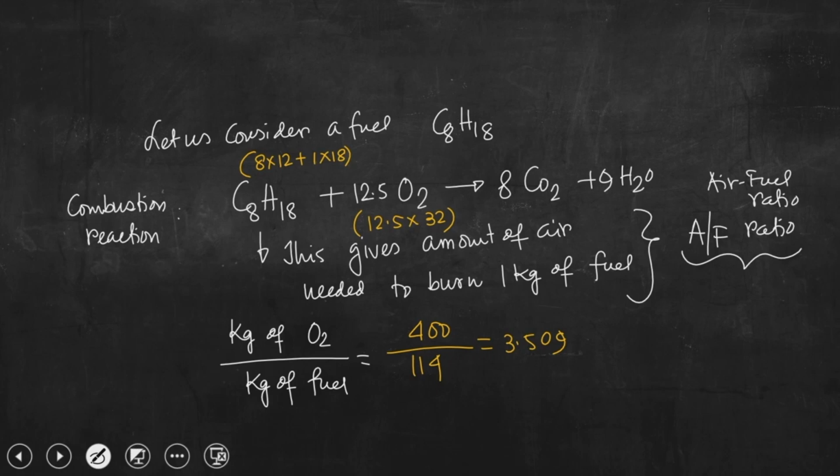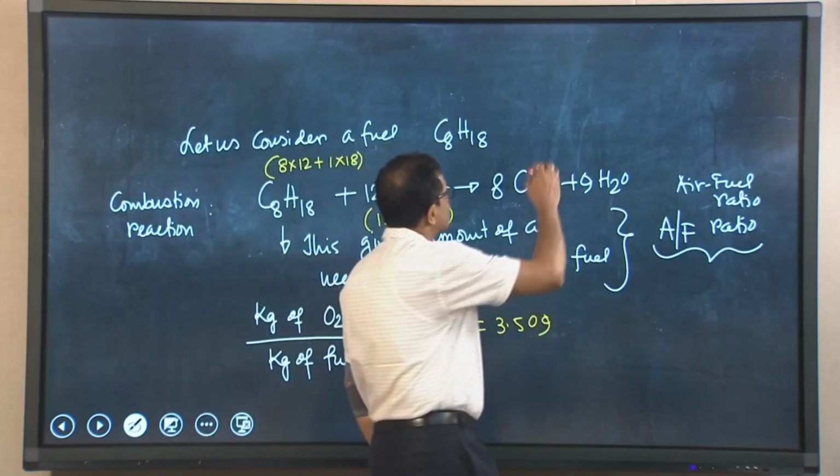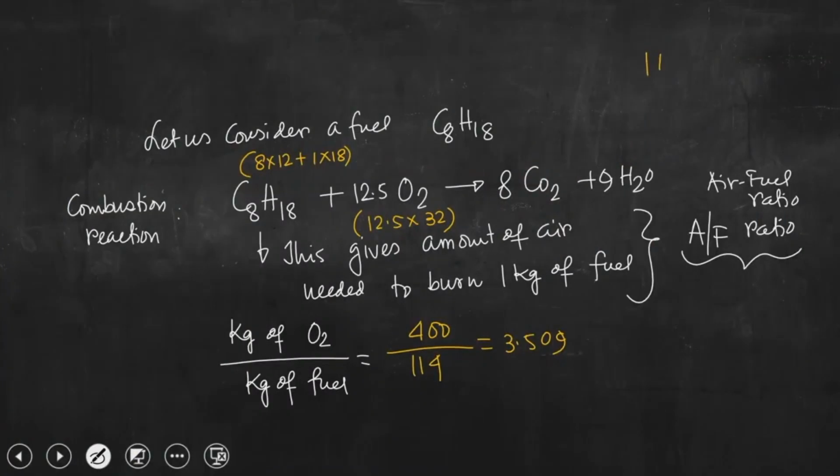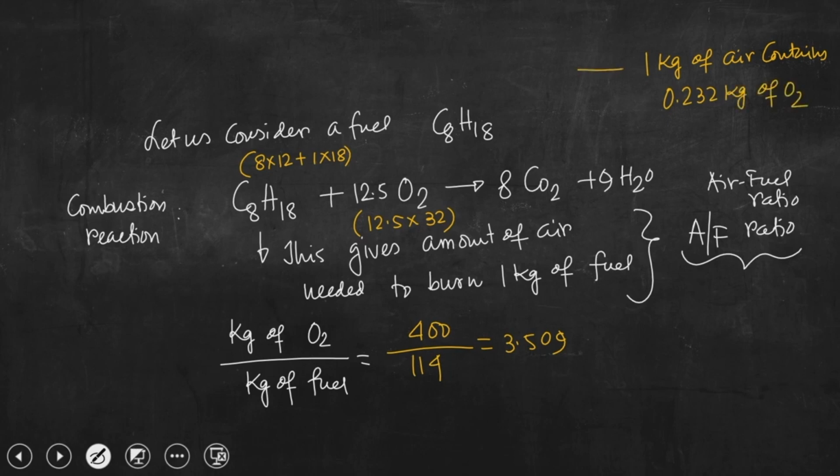Now, let us write here that if we consider 1 kg of air contains 0.232 kg of O2. So, this is what is given.